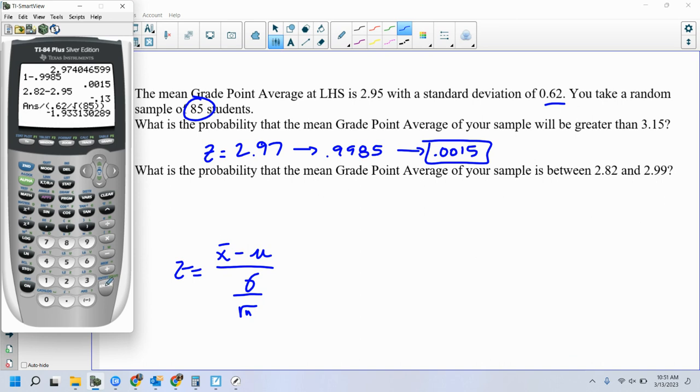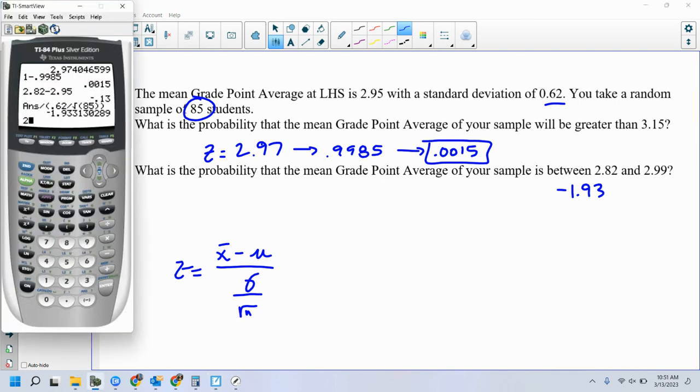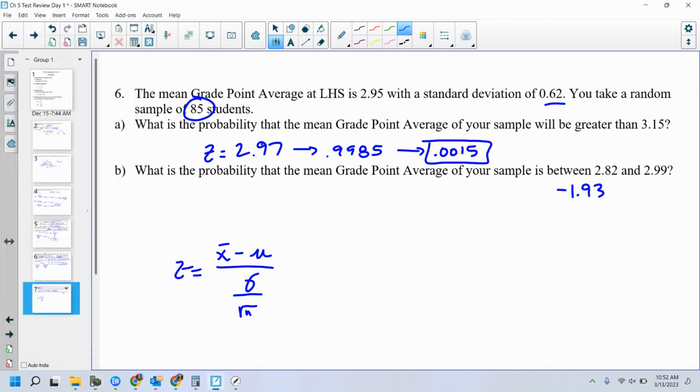Negative 1.93. And then I've got 2.99 minus 2.95. And I'm going to take this and do that again. Answer divided by that. So 0.59.